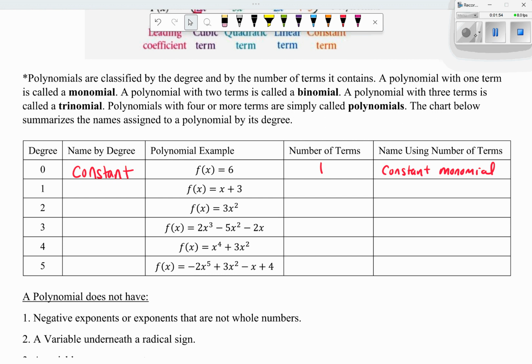The name using the number of terms is just the monomial part, but when we put it all together, we say constant monomial. For the next one, the highest power of x is 1, so degree 1 is linear. There are two terms here because terms are separated by addition or subtraction signs, so x plus 3 means there are two terms, and two terms is a binomial, so we call this a linear binomial.